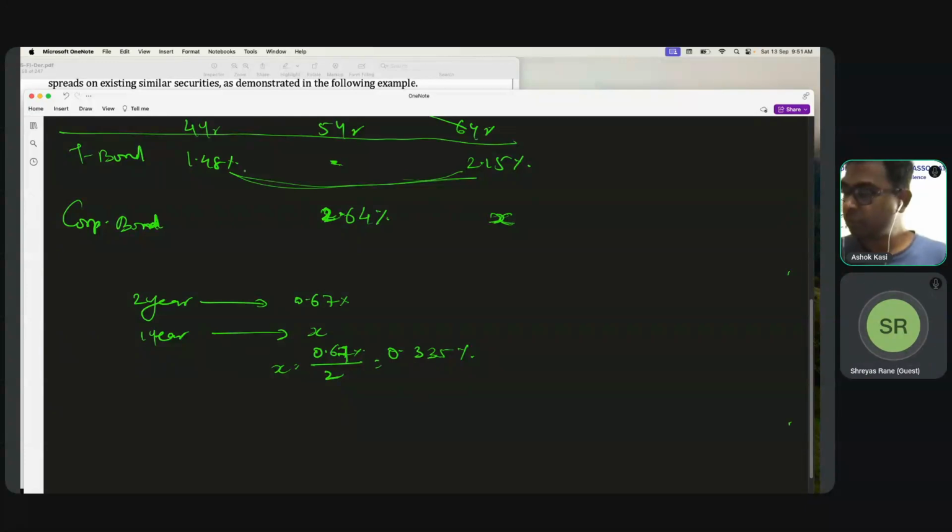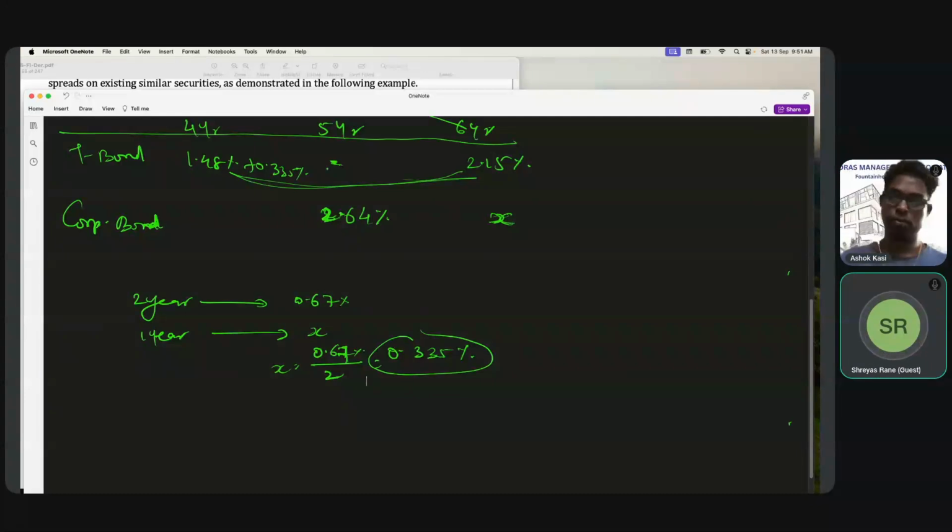So it is increasing by 0.335 each year. So plus 0.335 percentage, you get 1.815.